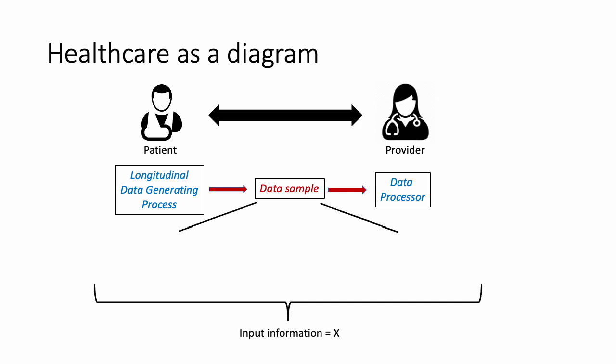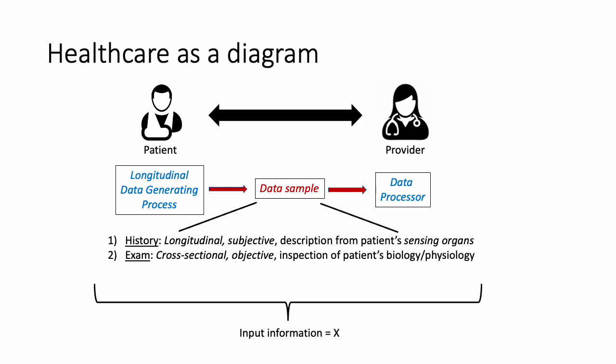Now, if we stop and think about the data sample, this is the input information to a model. We think of this as the X variable. Again, this can be your history, a longitudinal subjective description from the patient's sensing organs. This is how we get the history, what they're sensing, what they're experiencing. We have the exam, which we consider cross-sectional objective.